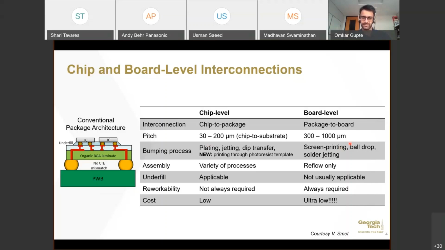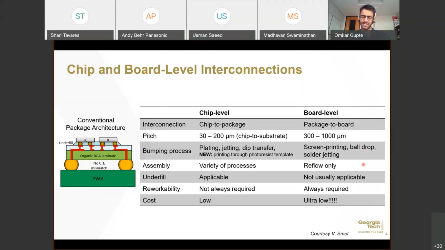And the processes by which these interconnections are fabricated are different for these two. For instance, the chip level interconnections can be made by plating, jetting, or transfer, and the solder based chip level interconnections are mainly binary materials which can be plated, whereas the materials used in board level are usually ternary solders which cannot be plated.